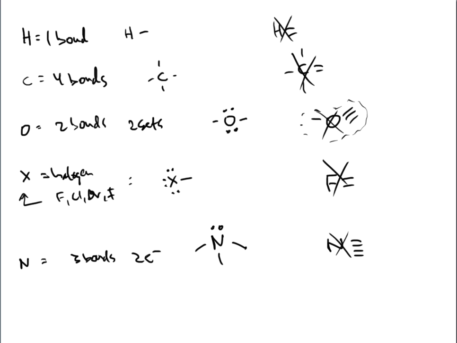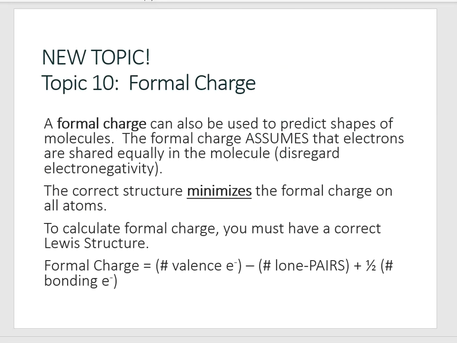Again, they are going to give you a crappy equation in the textbook that looks something like this below: number of valence electrons minus lone pairs plus 1/2 of the bonding electrons. I mean, it makes no sense at all. So my advice to you is to ignore that equation in the text.